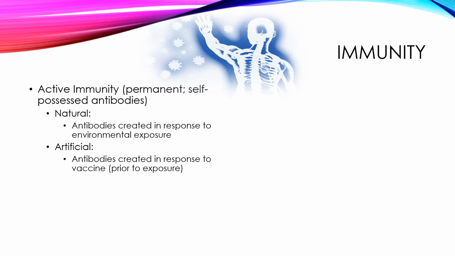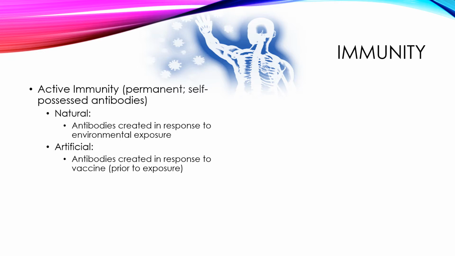So immunity. What is immunity? Active immunity is going to be permanent. So the body itself possesses the antibodies. This can occur naturally or artificially. In the natural active, this is when antibodies are created in response to environmental exposure. So I was exposed to a virus.